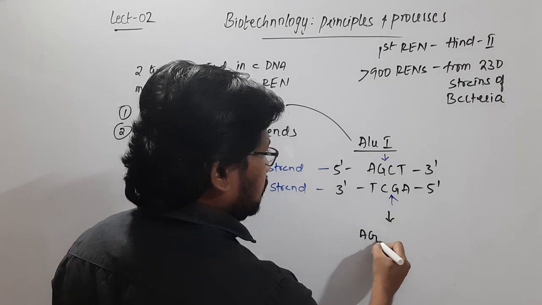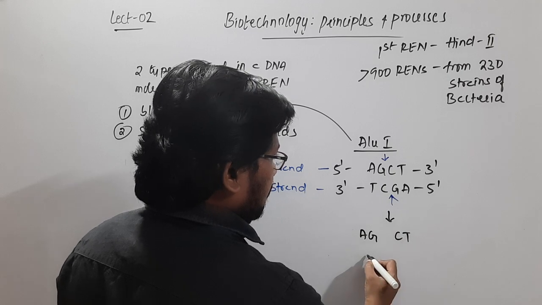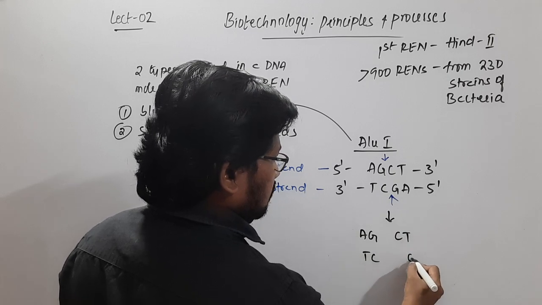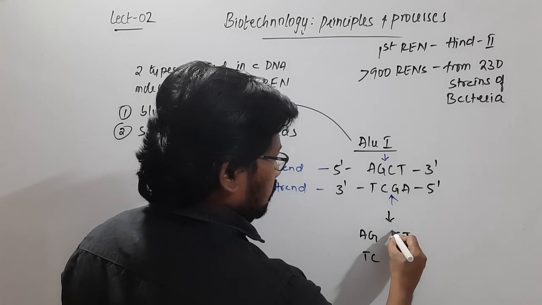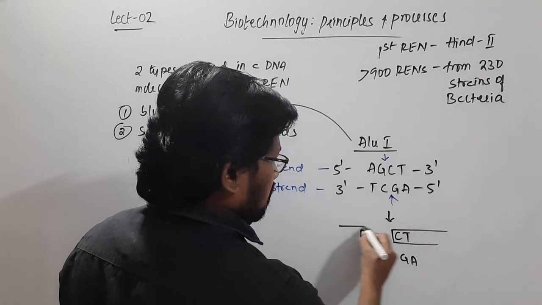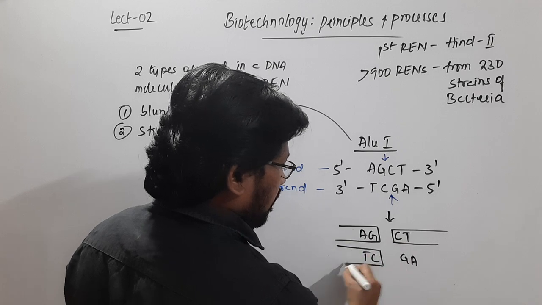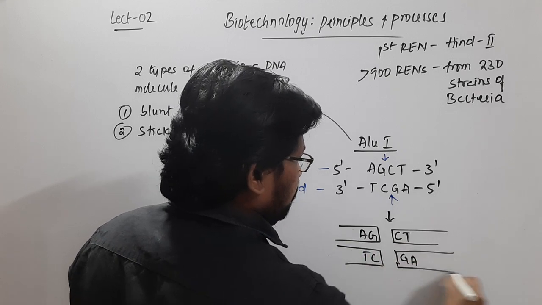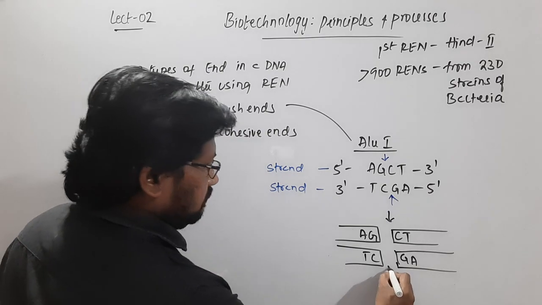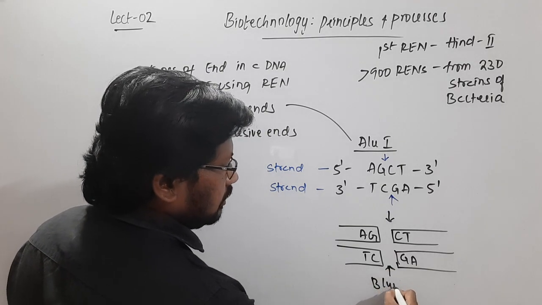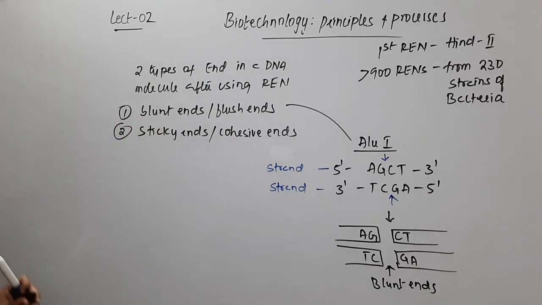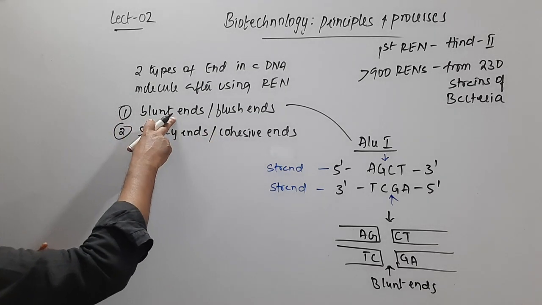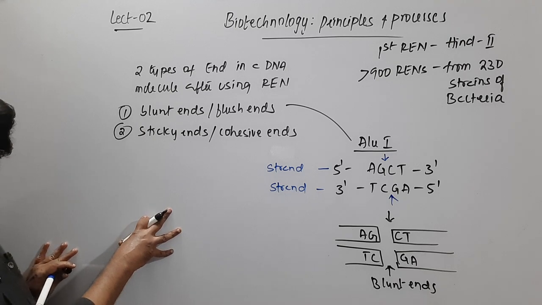So this is AG, then CT. These are the blunt ends. That's one type when we use restriction endonucleases.